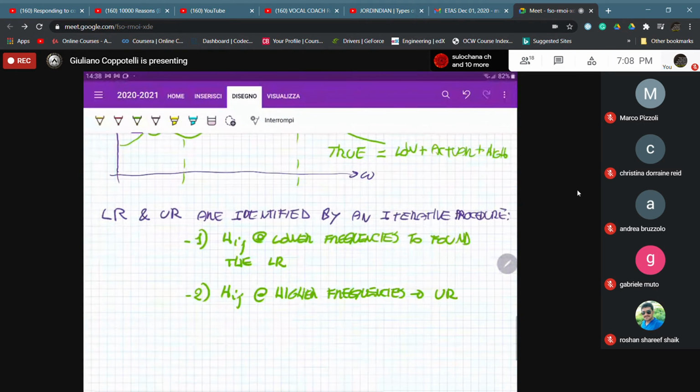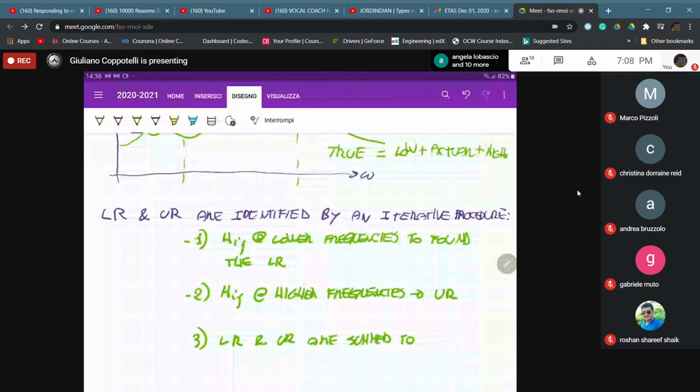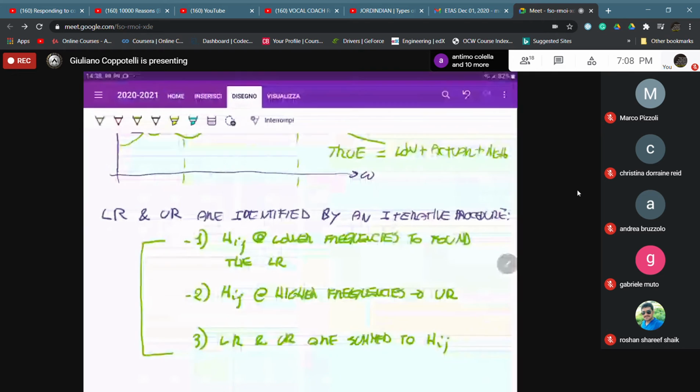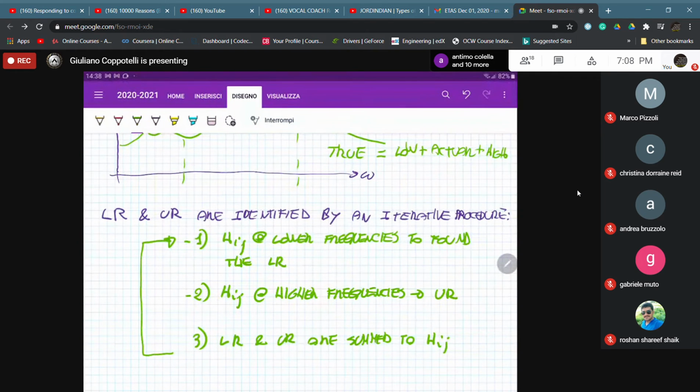Okay, the third step is that the lower residual and upper residual are summed to your Hij, and then you go back and iterate to the first step until convergence.